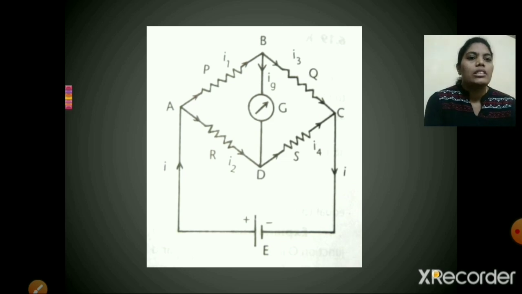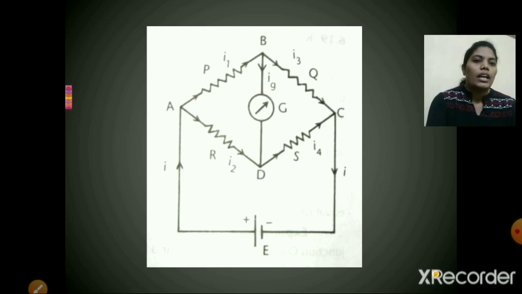Now when I1 reaches junction B, again there are two paths for it. So I1 is divided into I3 and IG. This IG is passing through the galvanometer and reaching D, and I2, which is passing through the resistor R, is reaching D. Now these two form the fourth current I4.